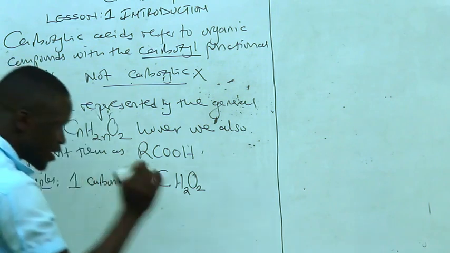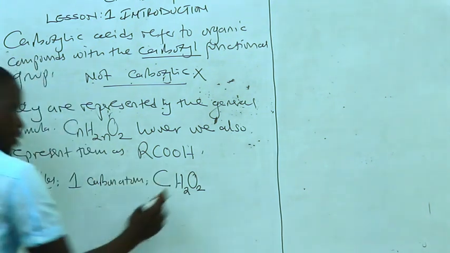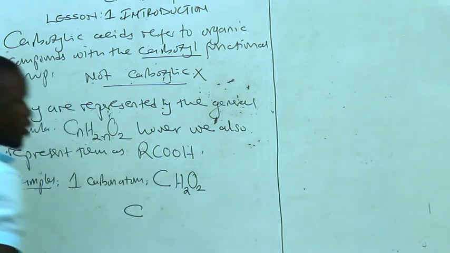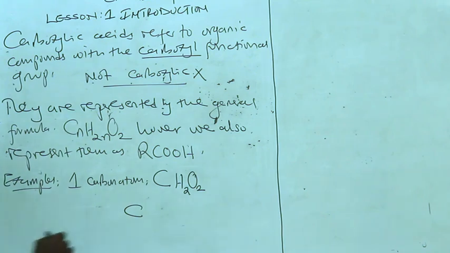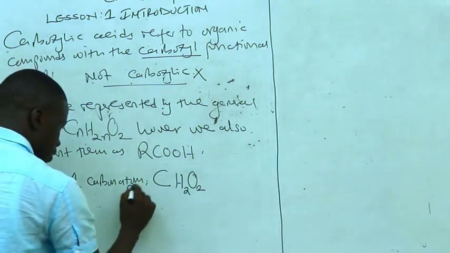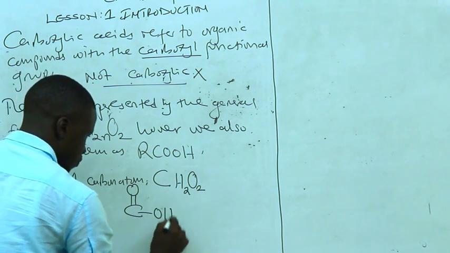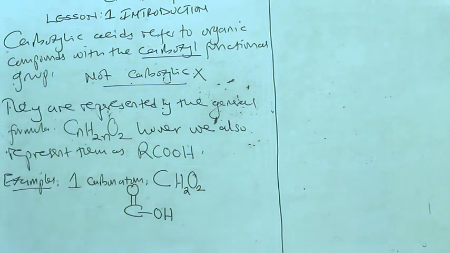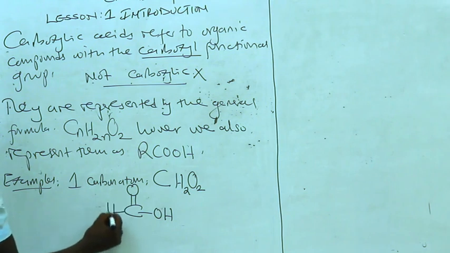If we write out the structure, the carbon atom is only one and it's the carboxyl group. This is the structure of the carboxyl group, and one of the hydrogen atoms is on the OH, and the other hydrogen atom is here.